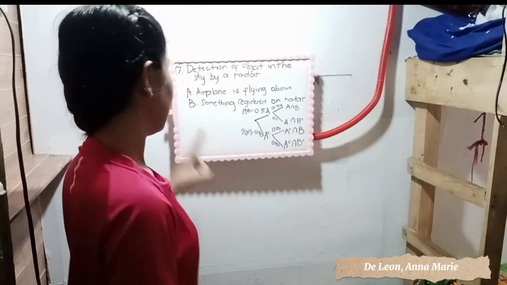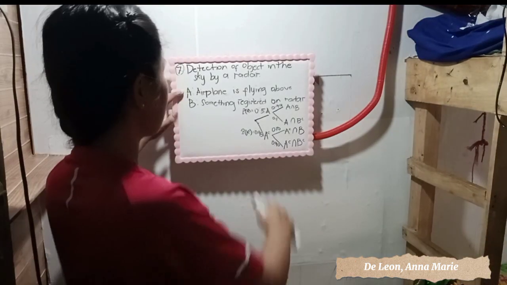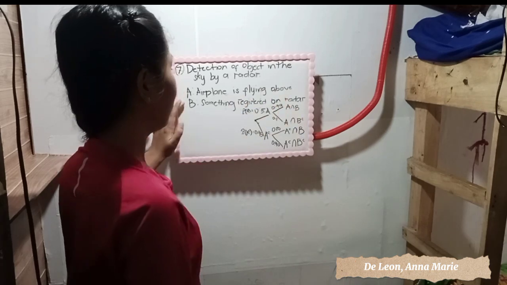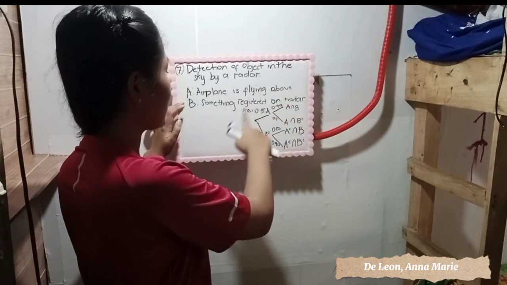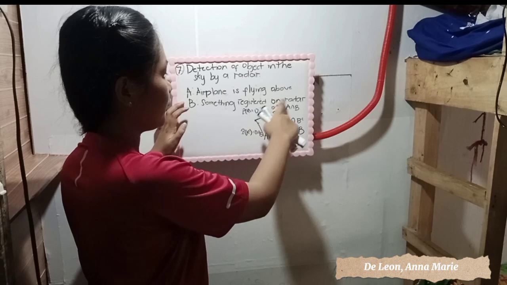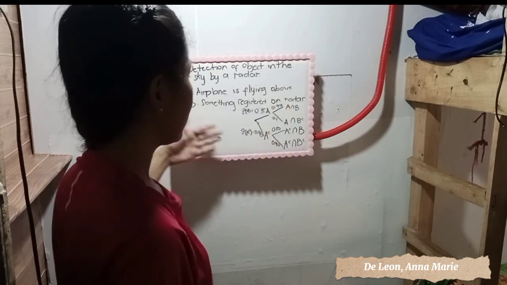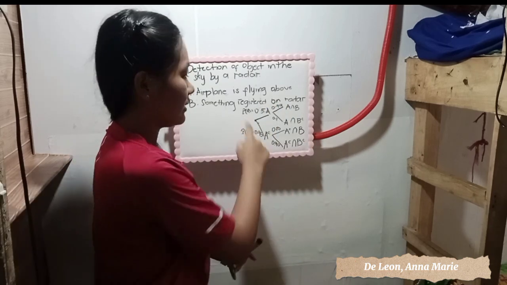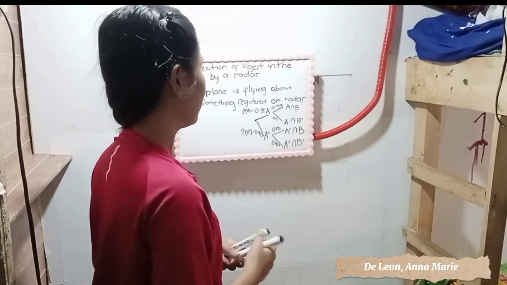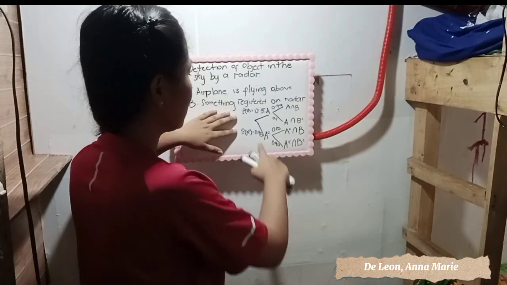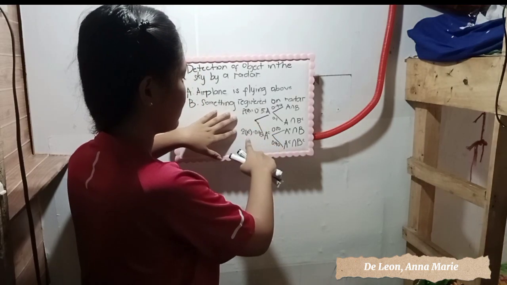Our seventh equation is detection of an object in the sky by a radar. We have two events. Event A represents an airplane is flying above, and event B represents something registered on the radar. We can represent it by a tree diagram, which has two probabilities: A occurs and A does not occur.